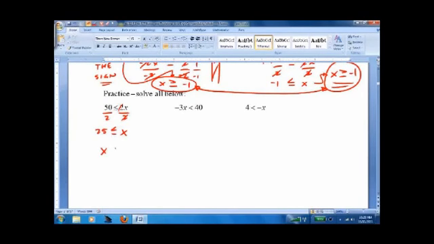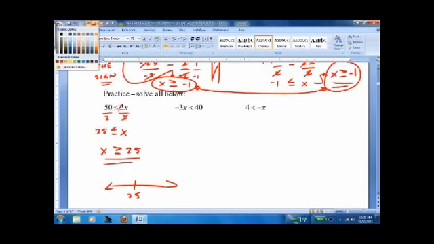And I'd like to rewrite it. Put it on a number line. X is greater than or equal to 25. Fill in the dot. Divide by negative 3. Am I multiplying or dividing by a negative? I am.